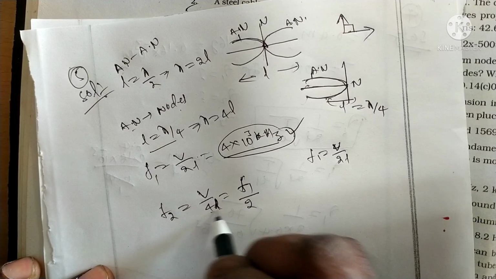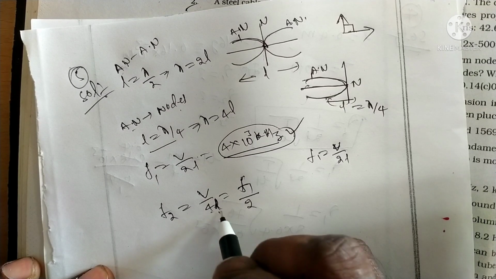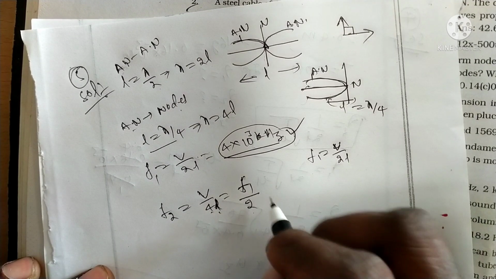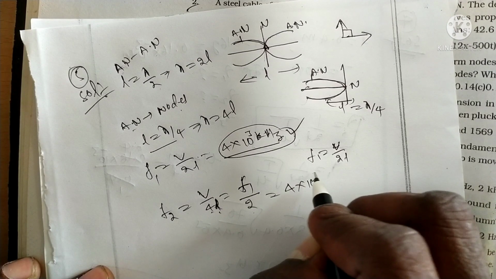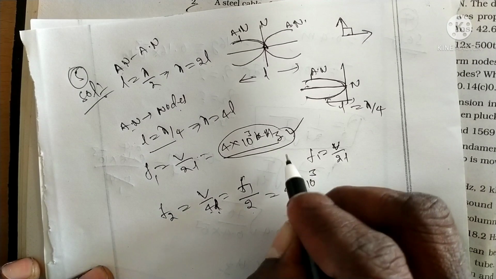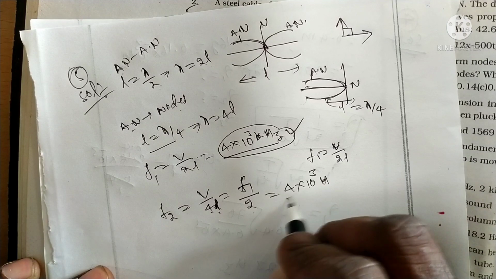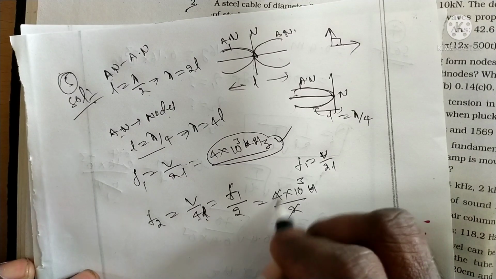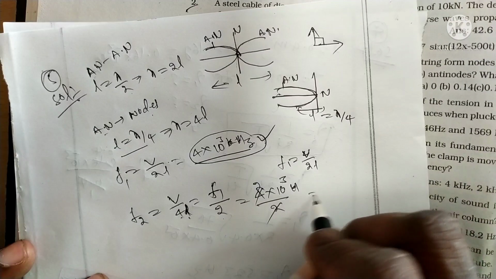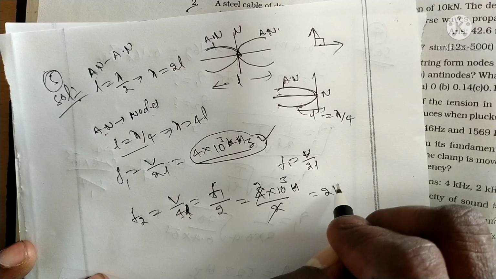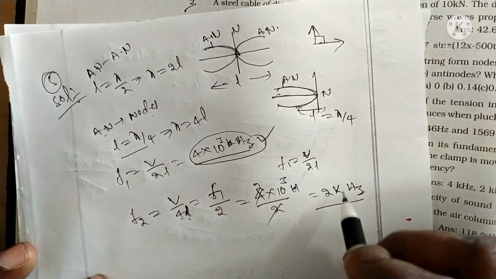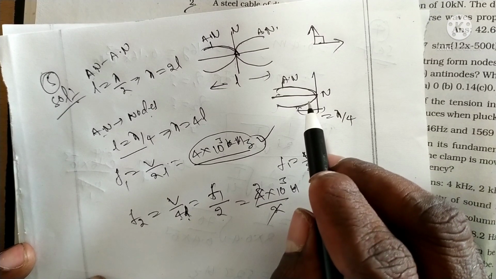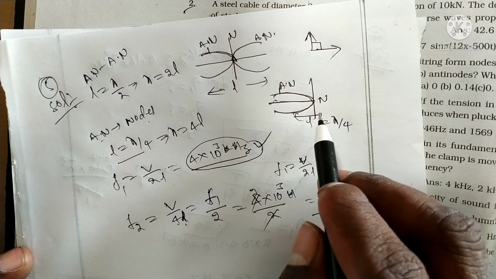It can be divided as 2L into 2, that is F1 by 2. F1 is equal to 4 into 10 to the power of 3 hertz, divided by 2, that is 2 kilohertz. So 2 kilohertz is observed at one end.